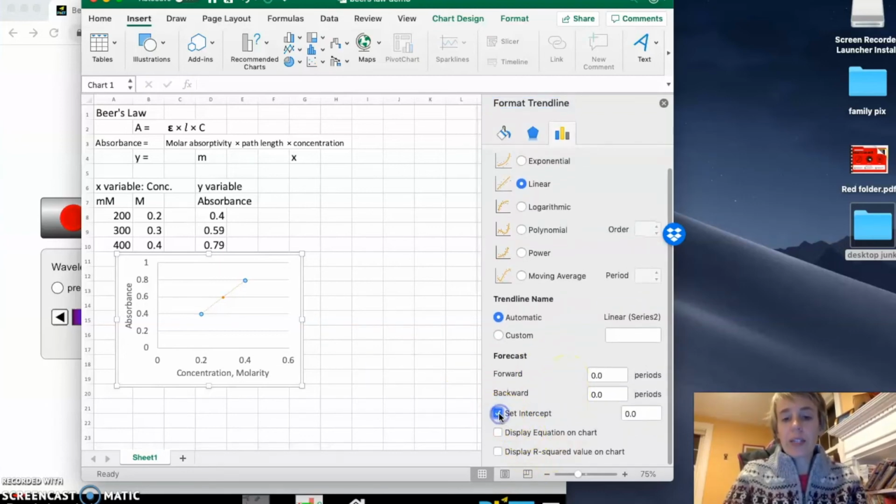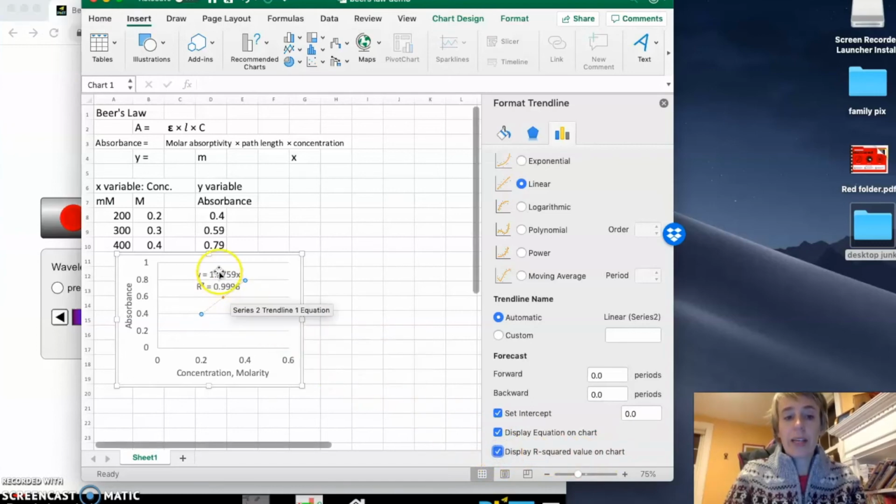We do want to set the intercept to 0. An intercept of 0 means that at a concentration of 0, there's 0 absorbance. That should always be the case, particularly if you've blanked your spectrometer beforehand. And then we do also want to include the display equation and the display R-squared value on our charts.